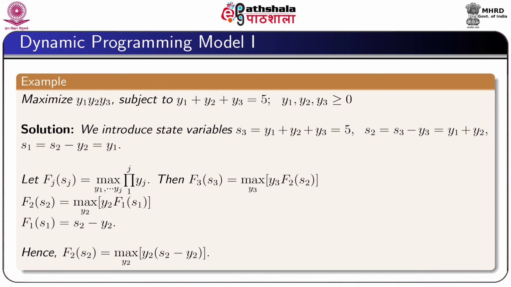Here we introduce the state variables s3, s2 and s1, where s3 equal to y1 plus y2 plus y3, which is equal to 5, and s2 equal to s3 minus y3, which is equal to y1 plus y2, and s1 equal to s2 minus y2, which is equal to y1.